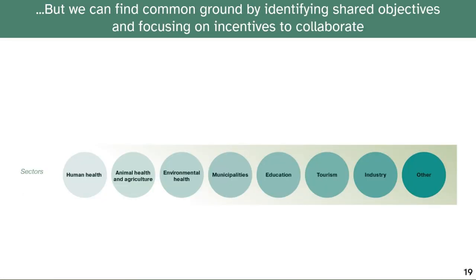One Health involves a range of sectors, even beyond the ones related to health that you might traditionally think of. Here, for example, we have education, tourism, and industry.